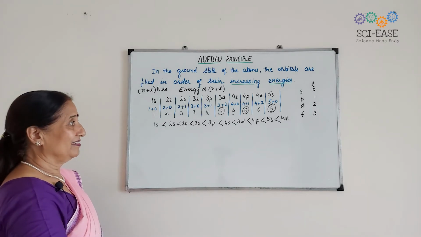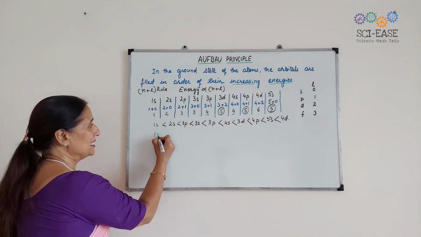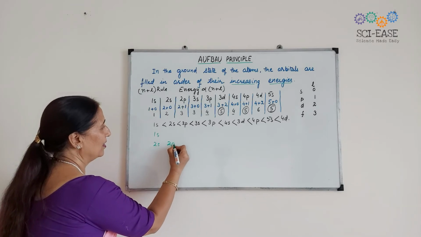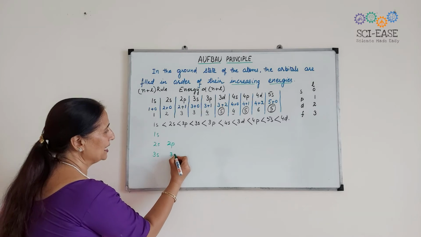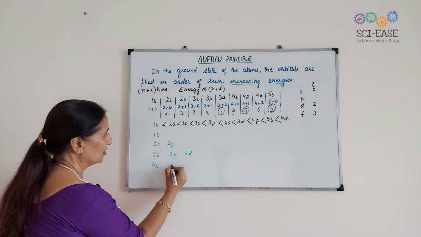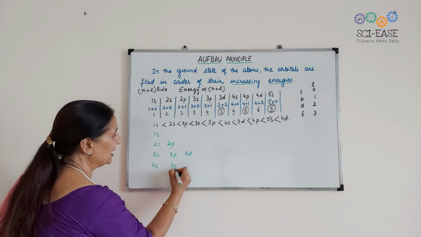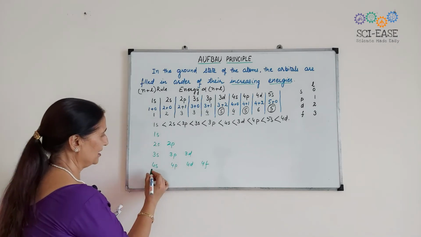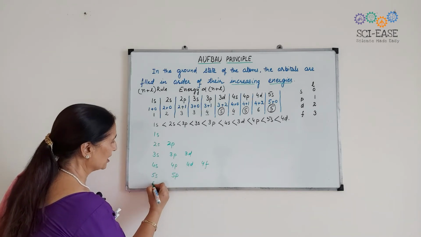That method is, we will write the orbitals like this. This is 1s, this is 2s, 2p. Okay? Then 3s, 3p, 3d, 4s, 4p, 4d, 4f, then 5s, 5p, and suppose here 6s.